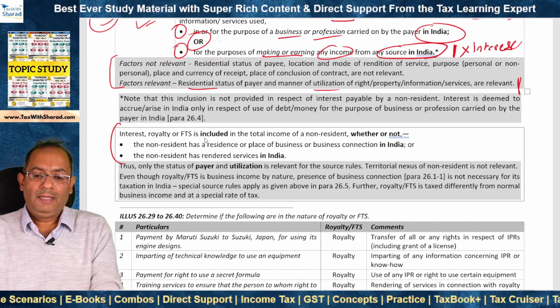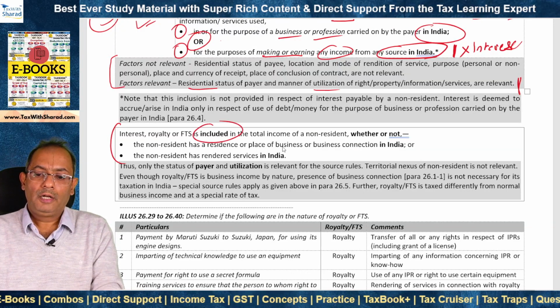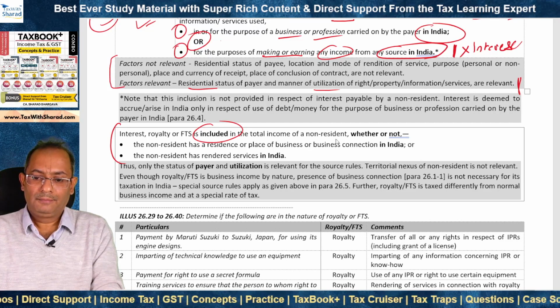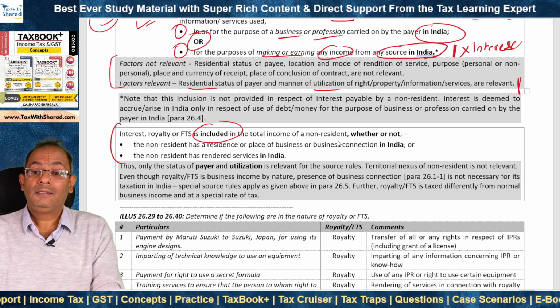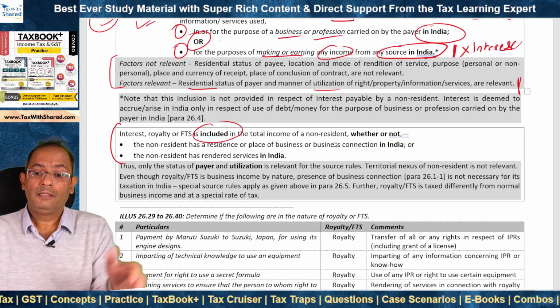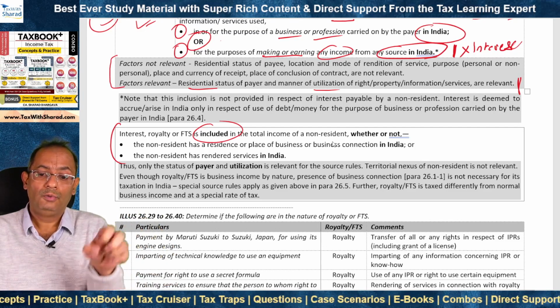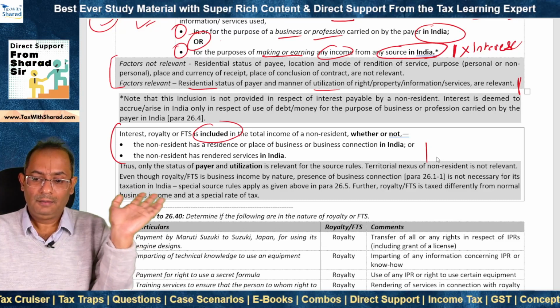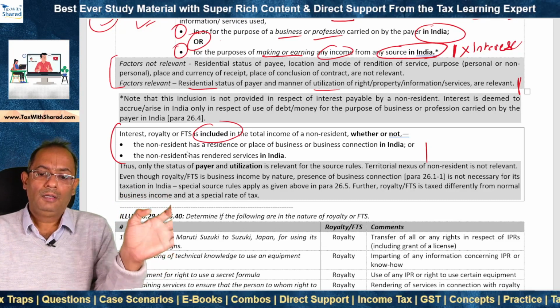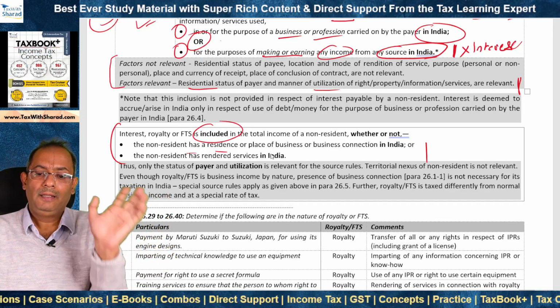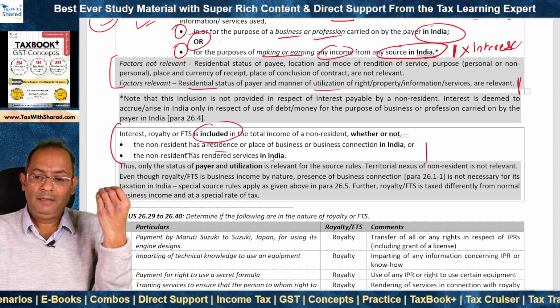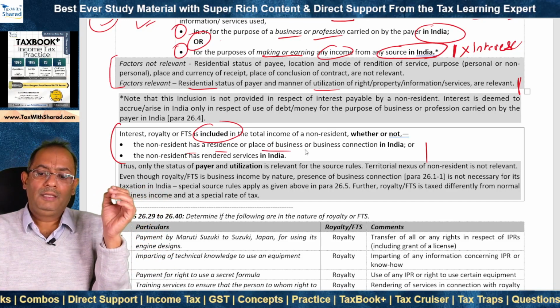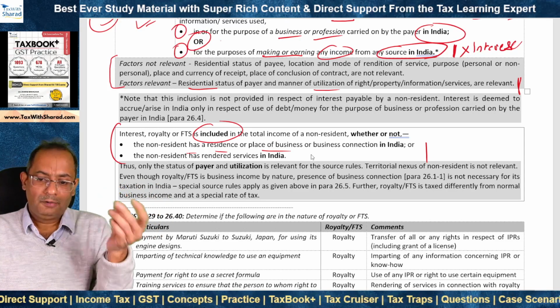Interest, royalty or FTS is included in the total income of a non-resident, right, where the non-resident is the payee. So it is deemed to accrue or arise in India. It is included in the total income of a non-resident irrespective of these factors. Whether or not the non-resident has a residence in India, whether or not he resides in India is not relevant. Whether he has a place of business in India is not relevant.